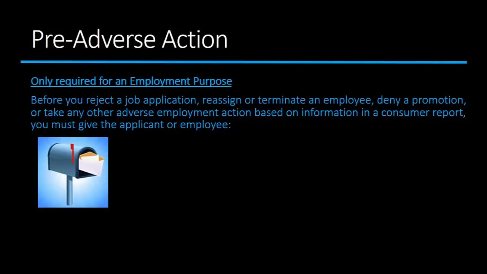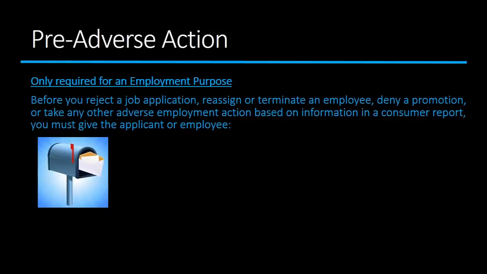Okay, as we indicated, this is unique to the employment purpose. So for all of our people that are out there that are employers doing an employment screening, this applies specifically to you. This does not apply to our tenant screeners. Okay, so the pre-adverse action kicks in when we get our report back from the background check company, okay, back from TruDiligence. And we've reviewed the report. We see something in there that is going to cause this person to potentially be ineligible to move forward in the process, okay?